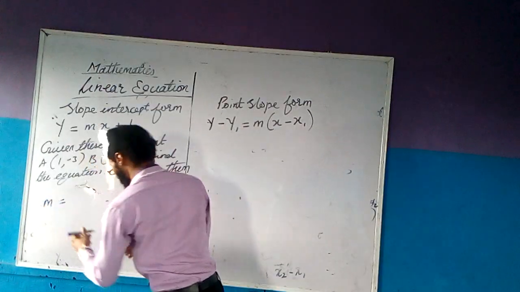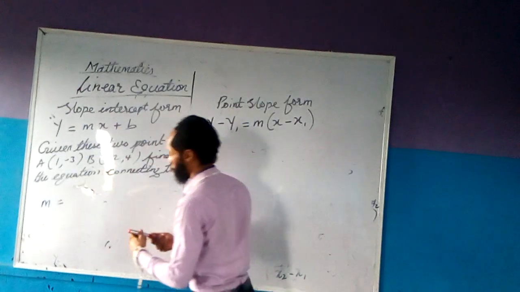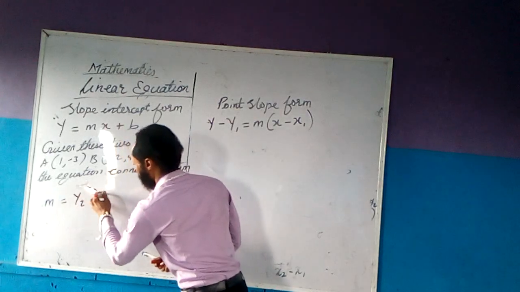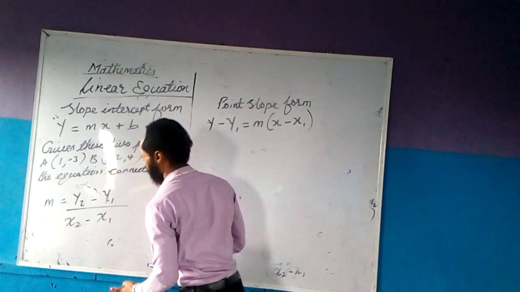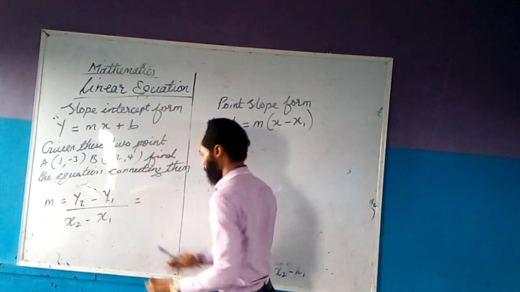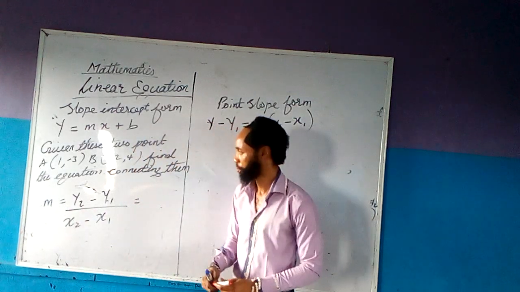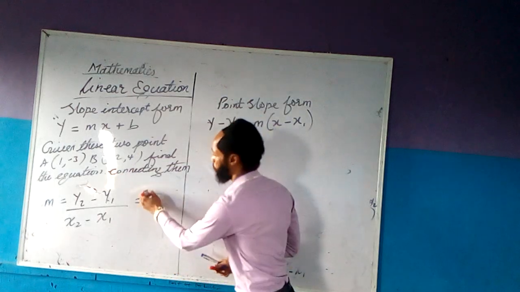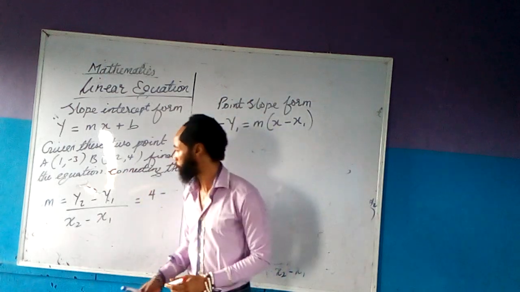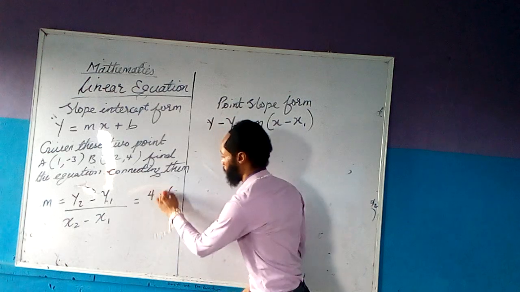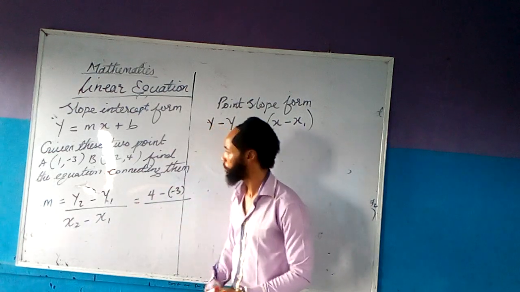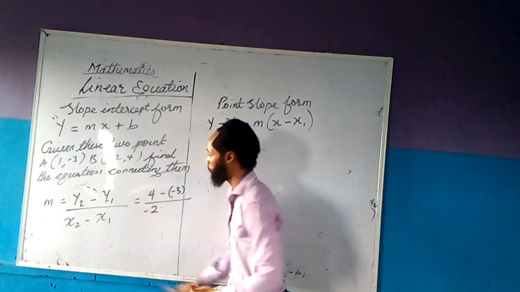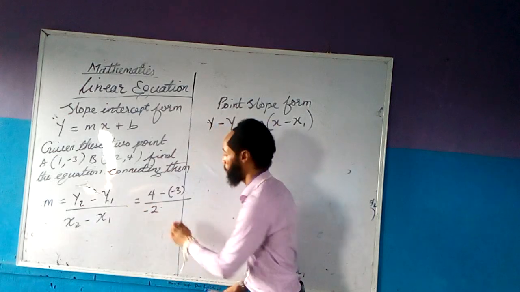M equals y2 minus y1 over x2 minus x1. Remember, what's our y2? 4. What's our y1? Negative 3. What's our x2? Negative 2. What's our x1? 1.